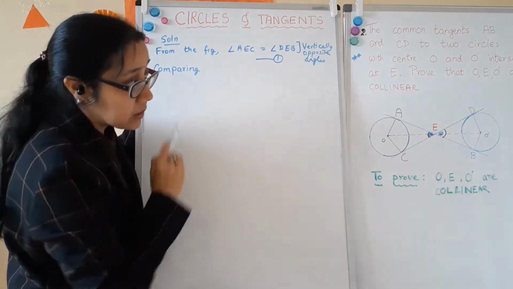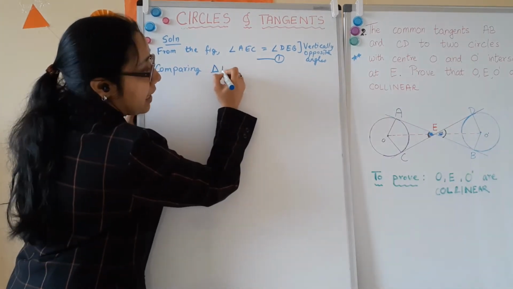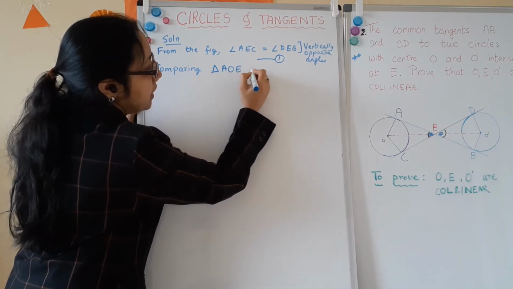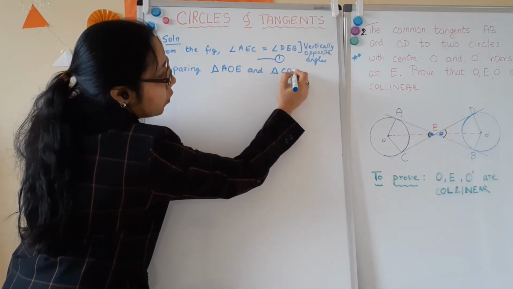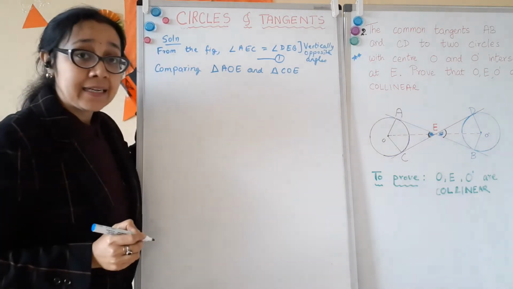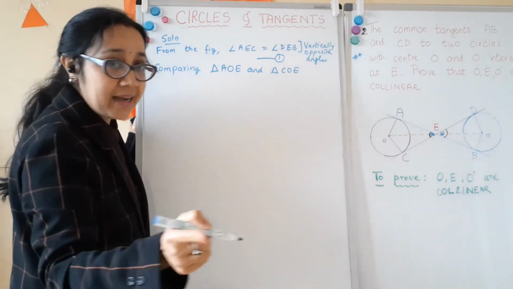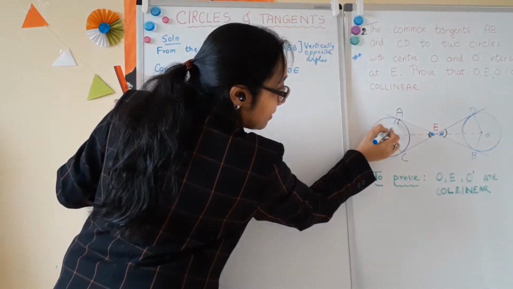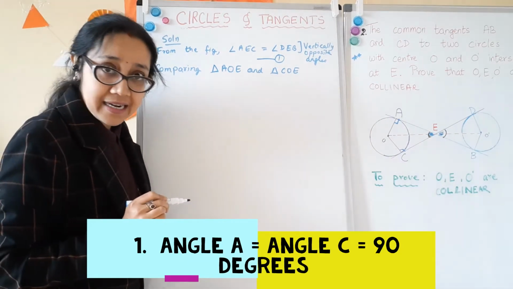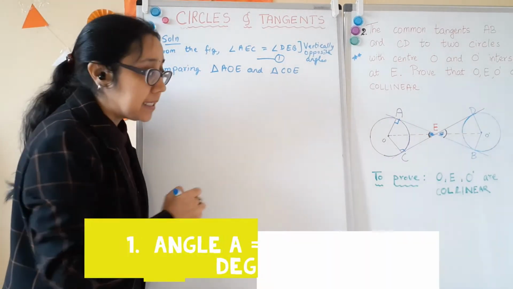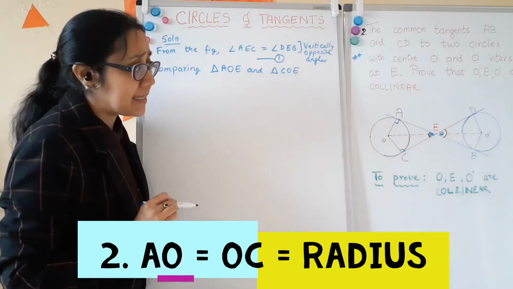Have a look closely into this particular triangle. So we can write comparing triangle AOE and triangle COE. You can see that they are congruent. Why? I am not explaining this, you can write it down in your notebook. This angle is 90 degree because the tangent always makes 90 degree with the radius. So this angle is 90 degree. This is the radius, so one side will be equal.